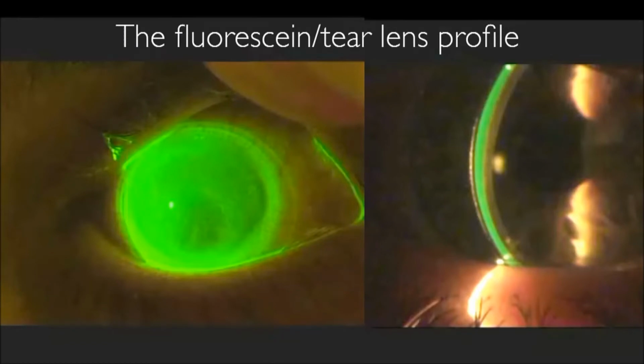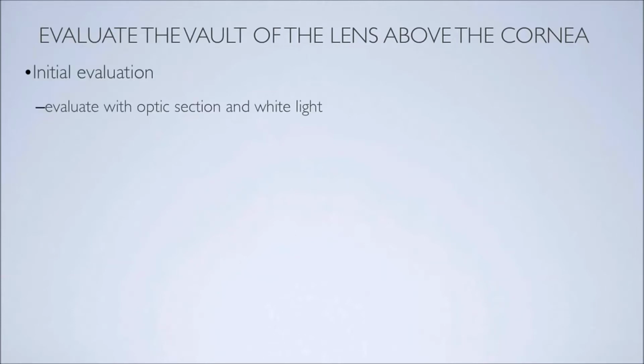but we have no idea how far away that lens is from the cornea. We have no idea how thick that tear lens is. Is it too thick or not? We don't know. So, my process in my evaluation when I'm fitting this lens is I want to look with white light in a thin optic section, high intensity light.